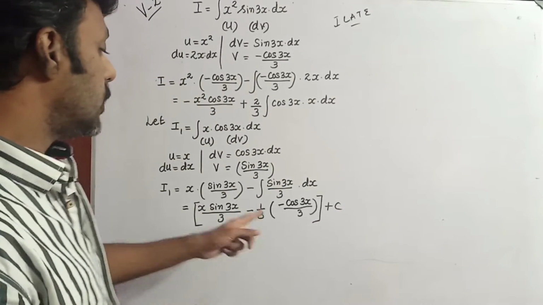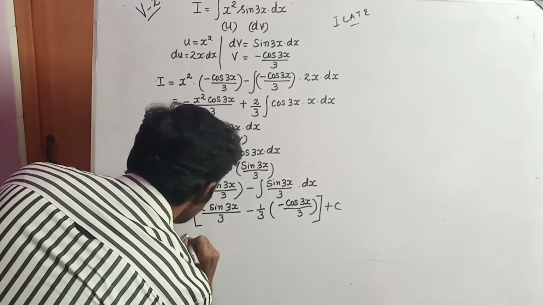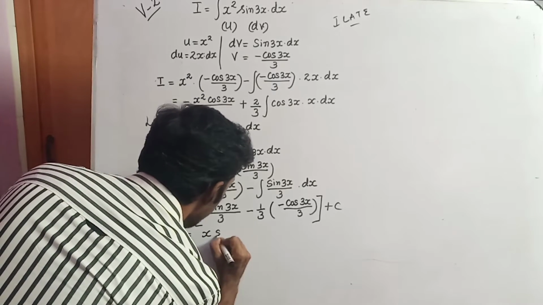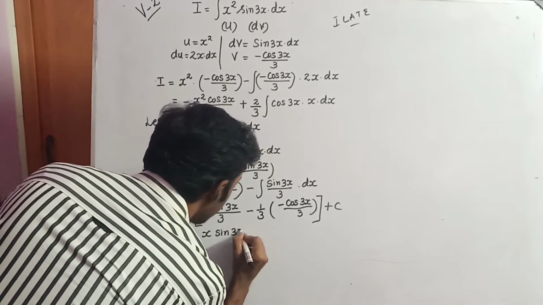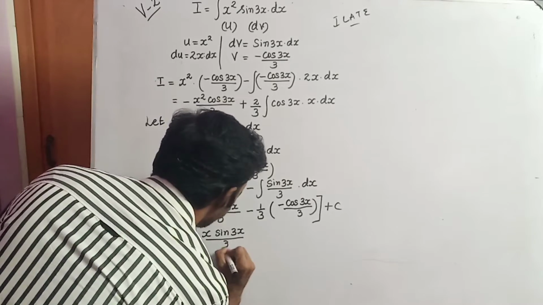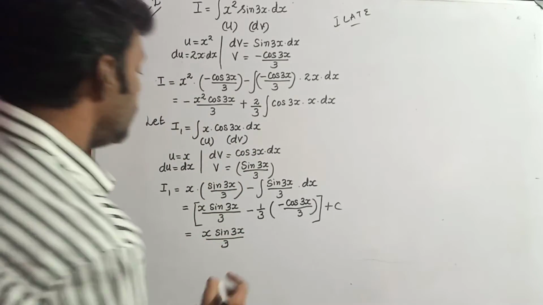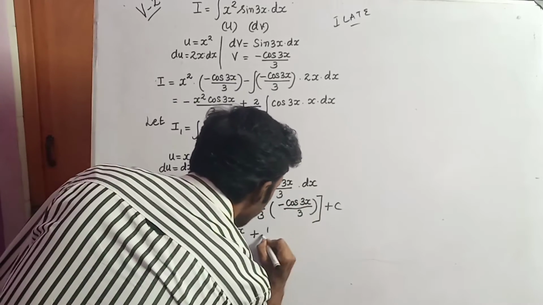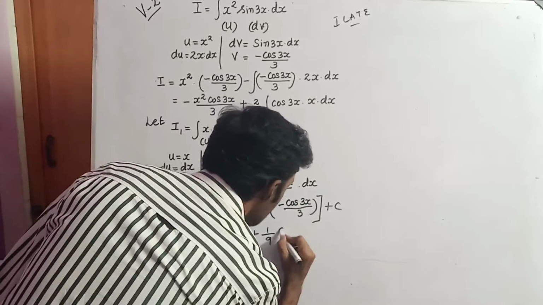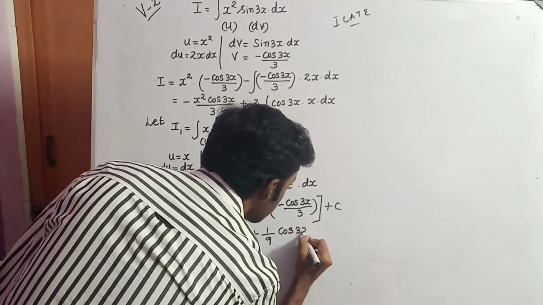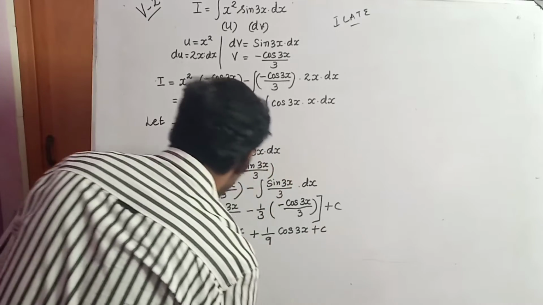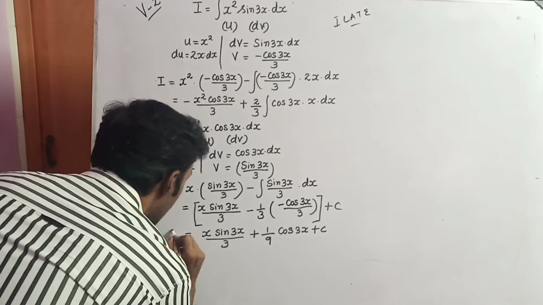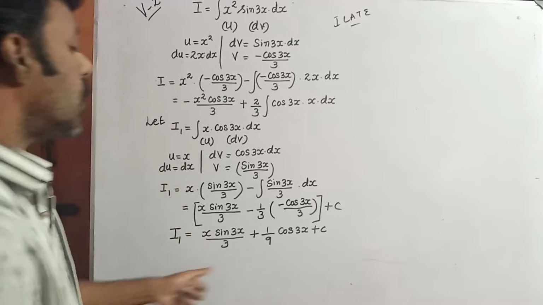Now we need to substitute. So x sine 3x divided by 3, minus into minus plus 1 by 9, so 1 divided by 9 cos of 3x plus c. So this is the value I am getting, that is the value of I1.